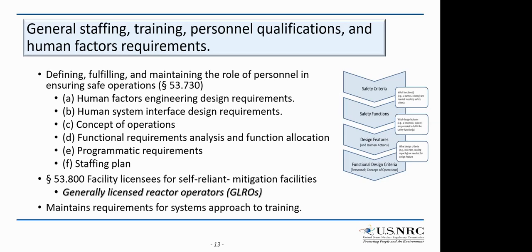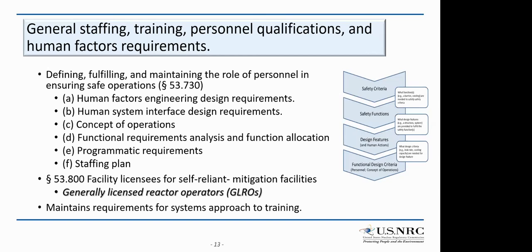They have to develop a concept of operations that basically defines what are the roles of people in running the plant. D is what I just talked about, the functional requirements analysis to say what needs to be done, what's the role of the machine, what's the role of people, and so forth. And then they need to develop a staffing plan.